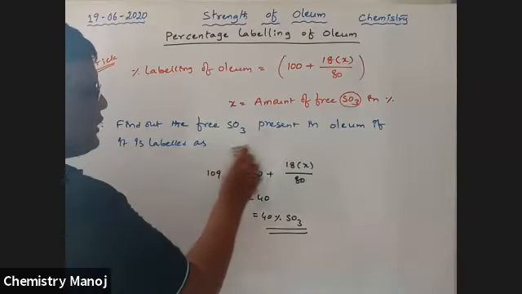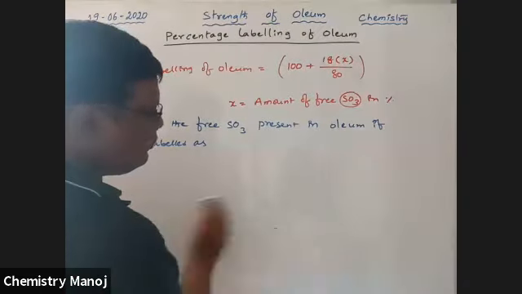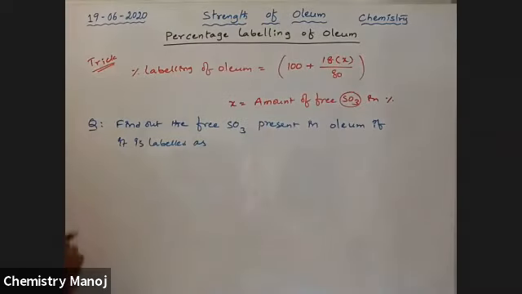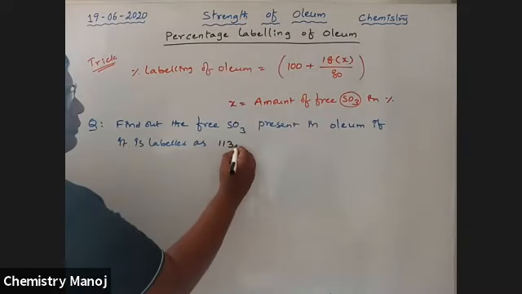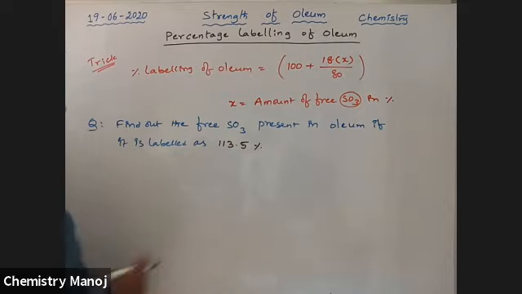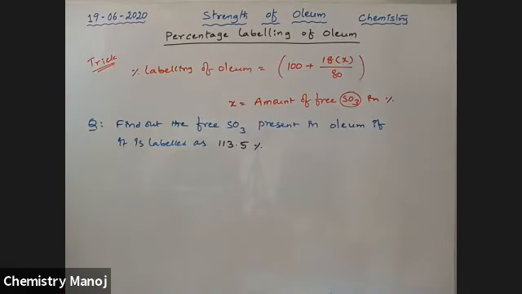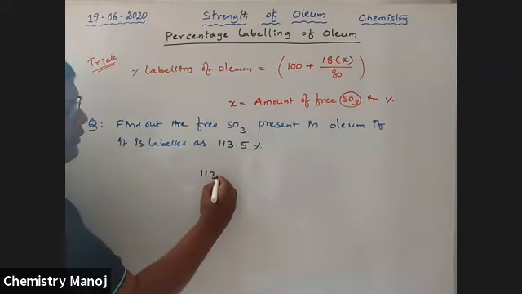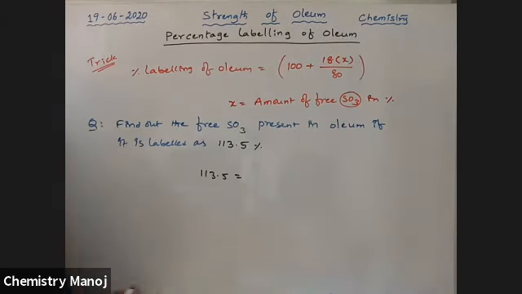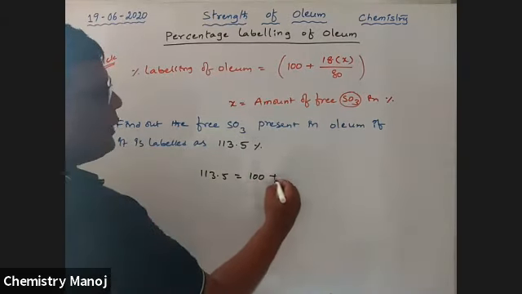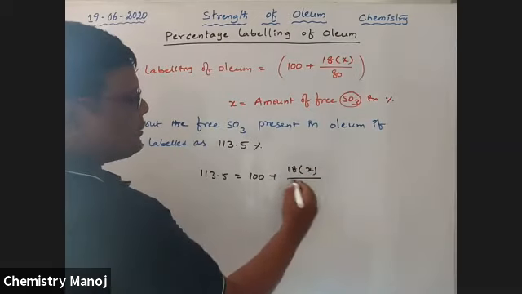Now one more problem. For example, if it is labeled as 113.5%, tell me the answer. What is the percentage of SO3? 113.5 is equal to 100 plus 18x by 80.